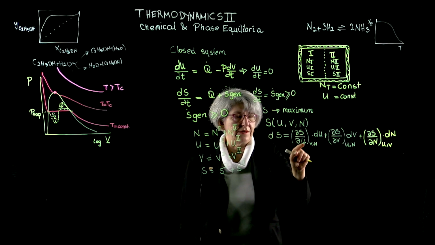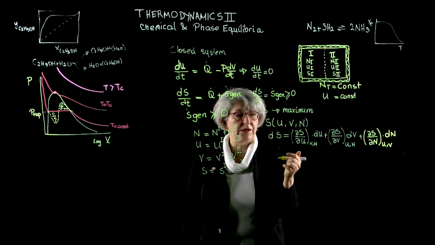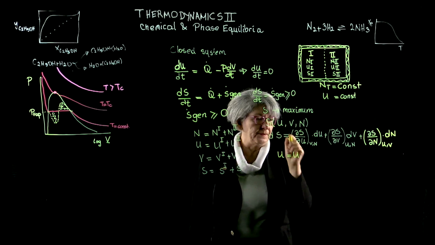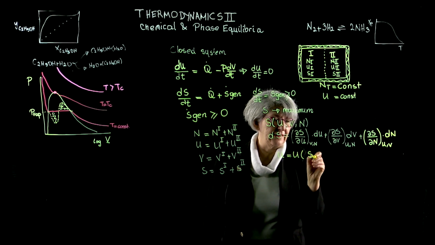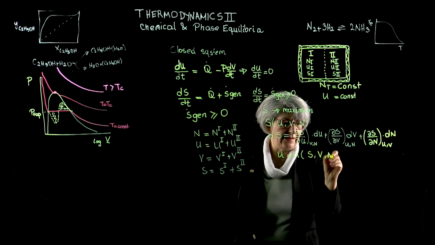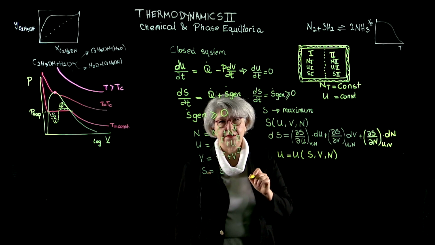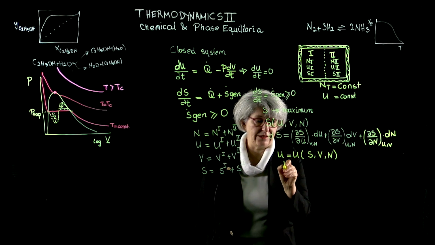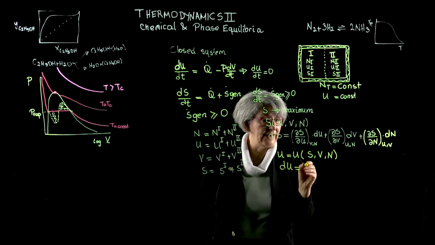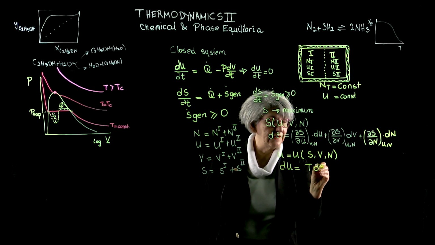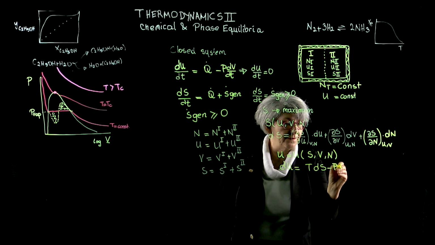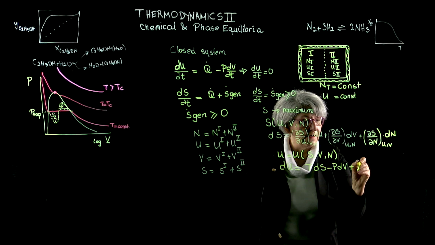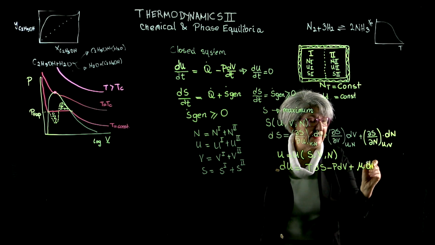You may remember from the opposite expression that U was U of S, V, and in this video we introduce N as a variable, and dU was TdS minus PdV plus mu dN.